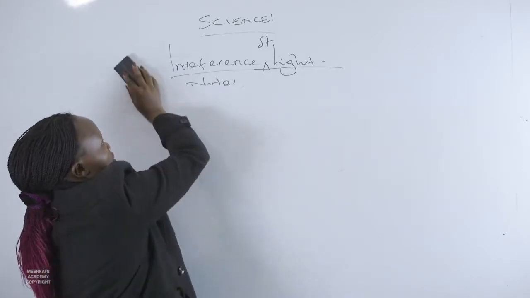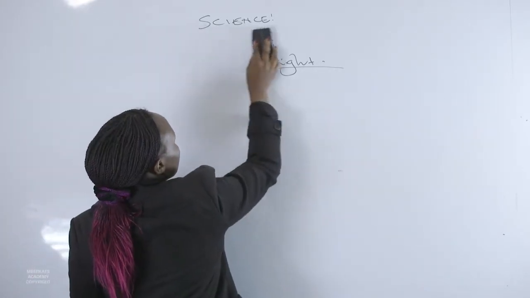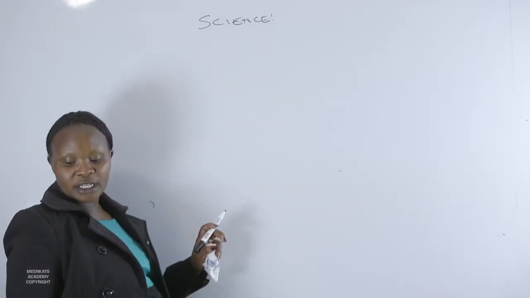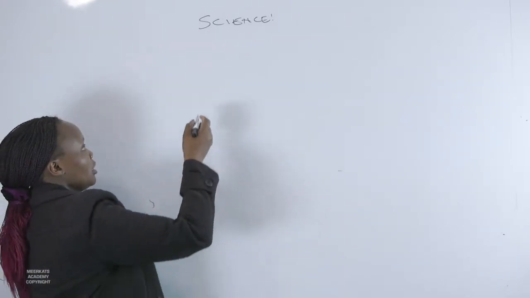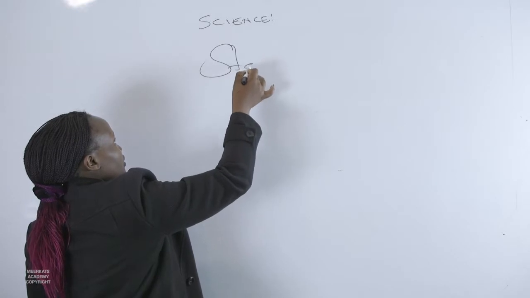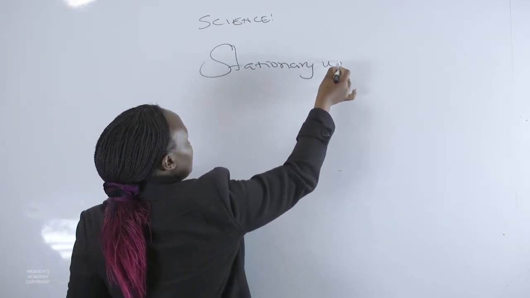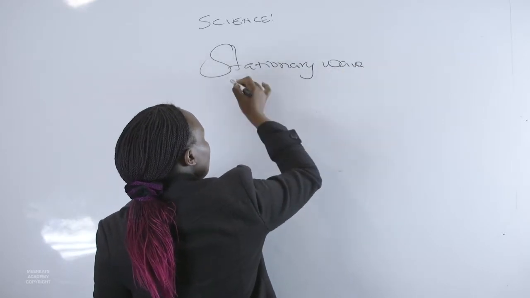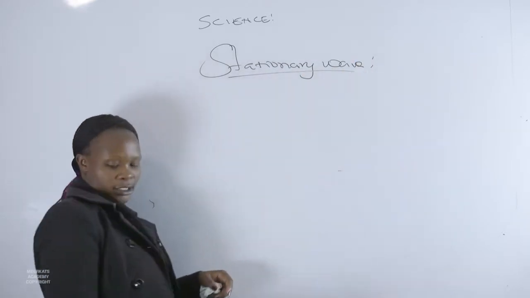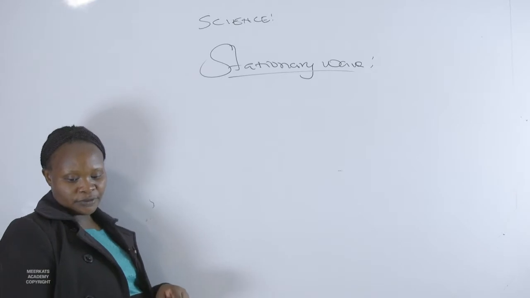Now, we want to look at interference of waves which yields a stationary wave. A stationary wave.